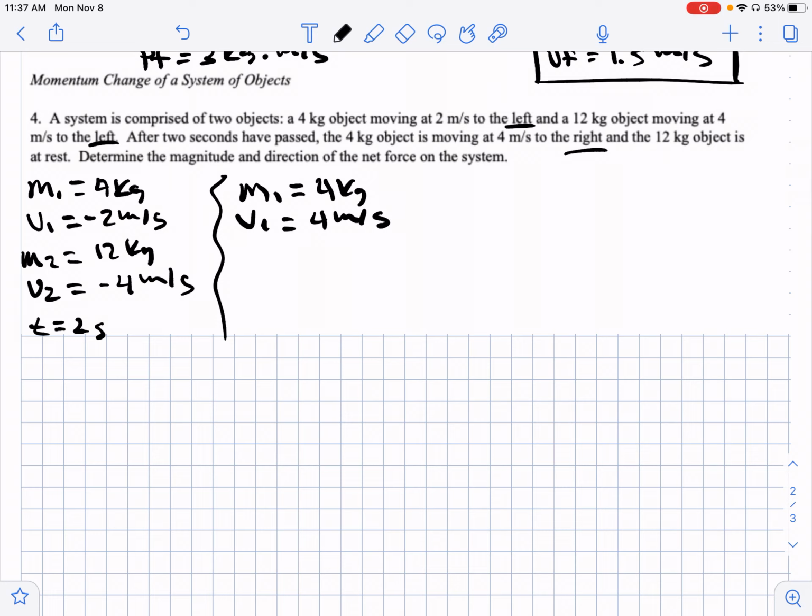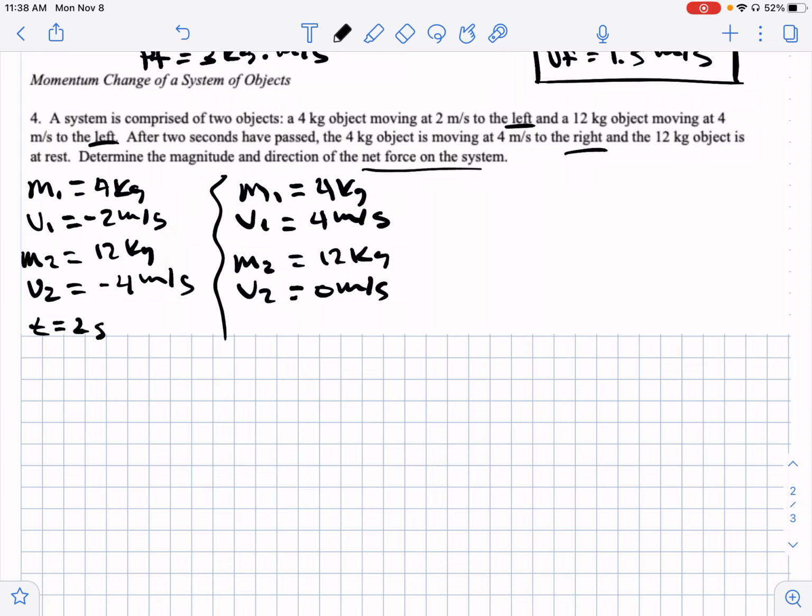And it says the 12 kilogram object is at rest. So the mass of your second object is still 12 kilograms, but now the velocity is 0, it's at rest. And we're trying to find that net force on the system.